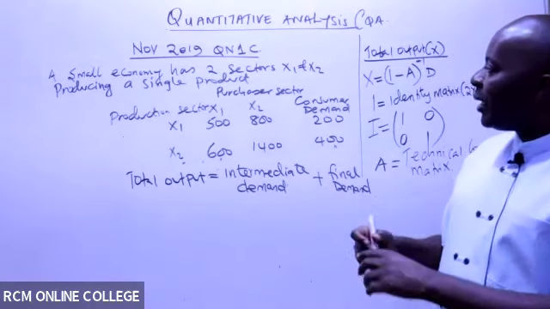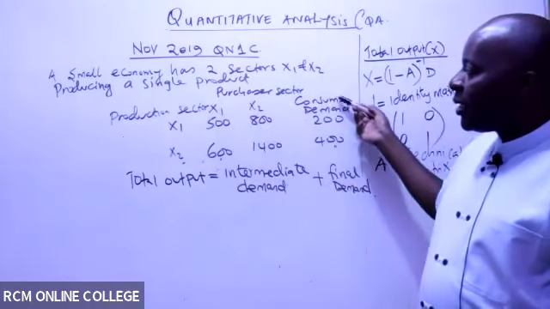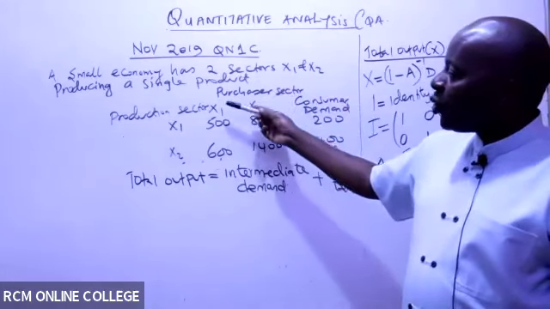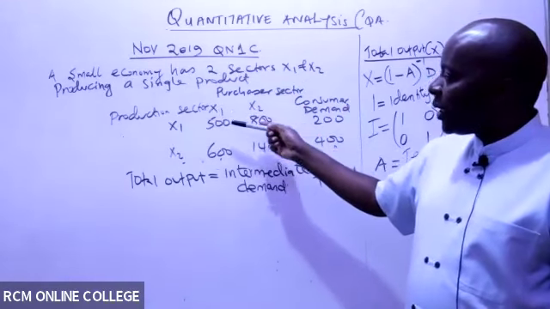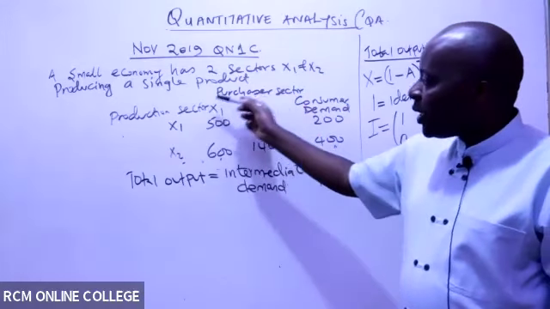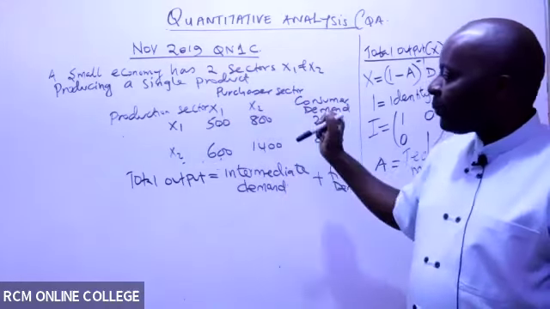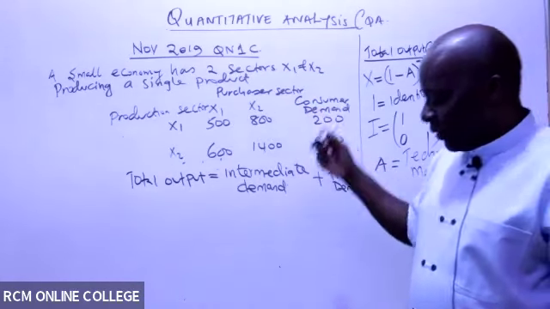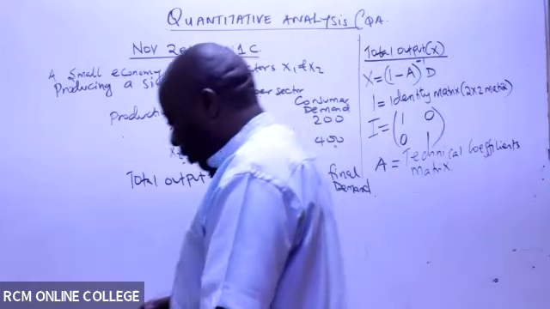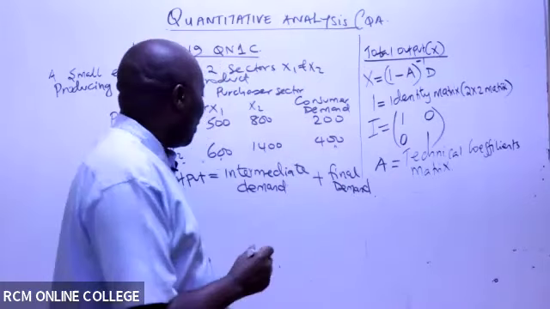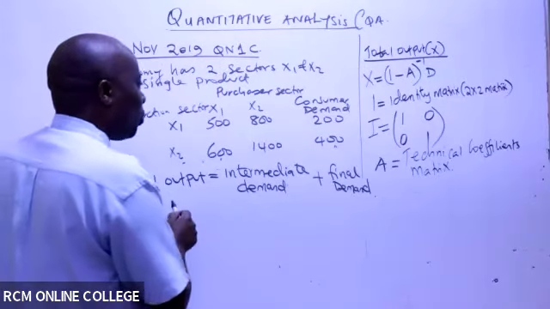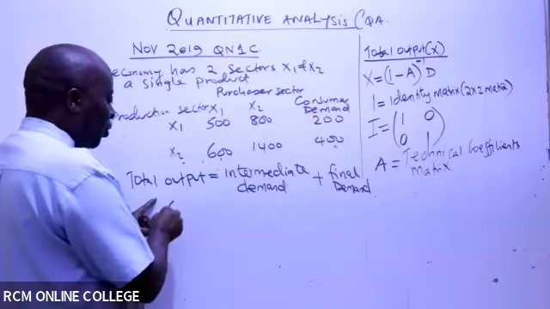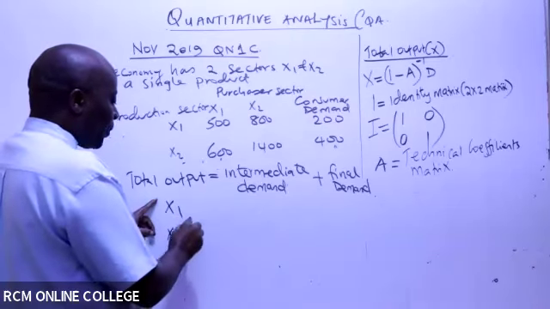So ladies and gentlemen, remember this is the demand. The units that will be consumed by the sectors X1 and X2, these two, are intermediate, and this is what we call final demand. Therefore, my good students, please listen very well. To get the total output for my two sectors, X1 and X2, what do I need to do?